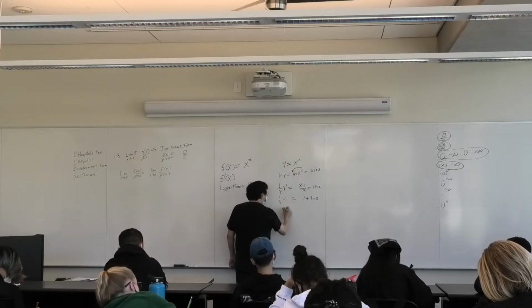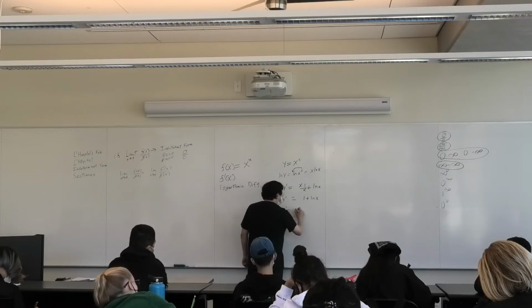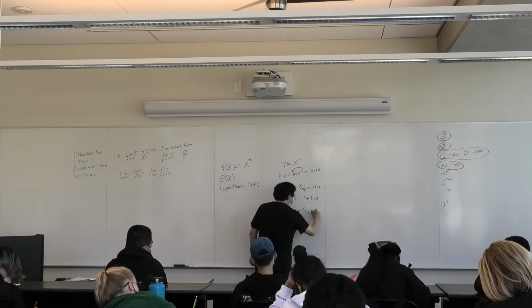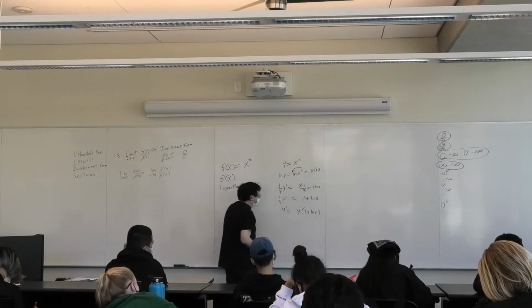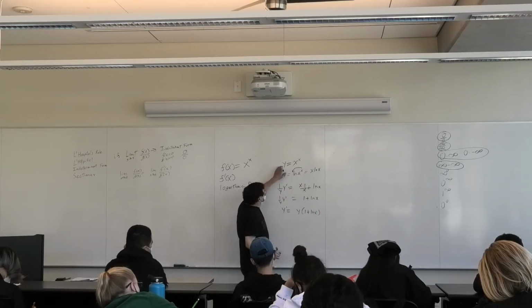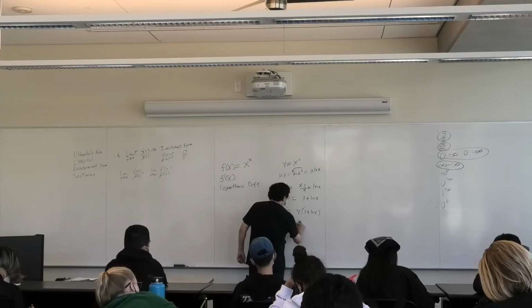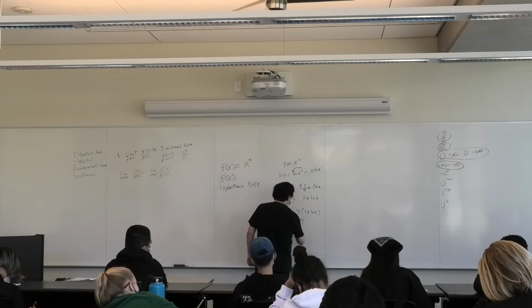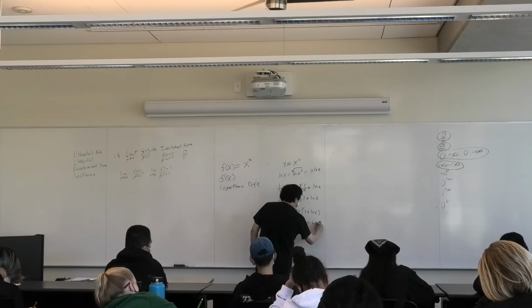So our derivative, y prime, we can multiply through by y. And of course we know what y is, it's x to the x. So we find that the derivative of x to the x is x to the x times 1 plus log of x.